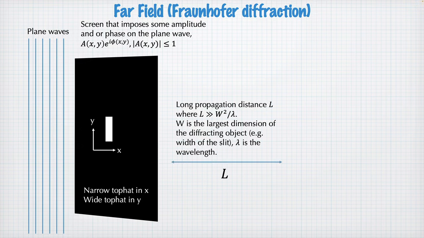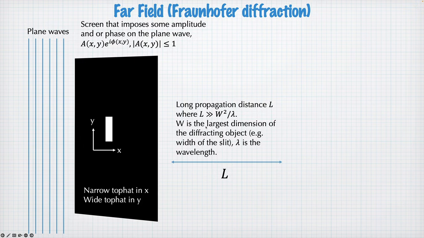Now we're going to let the waves that pass through this rectangle propagate for a long way. What do I mean by a long distance? Well, the distance of propagation L has to be much, much bigger than W squared on lambda. Now W is the largest dimension of the diffracting object. So in this case, the largest dimension would be the rectangle in this Y direction here.